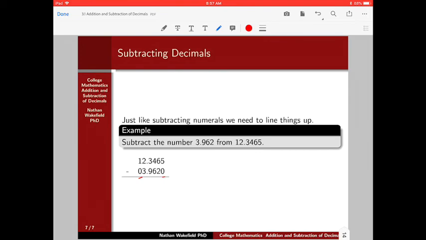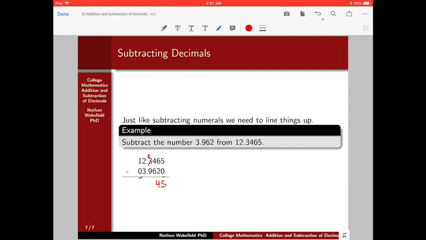So let's go ahead and run the subtraction. So now I've got 5 minus 0, that's simply 5. I've got 6 minus 2, which is 4. I've got 4 minus 6. I can't do 4 minus 6. I need to borrow, so I'm going to take from the next one up, just like we were borrowing before.